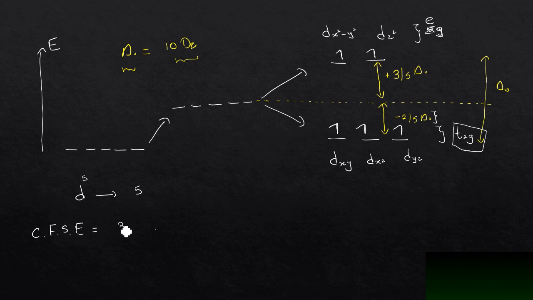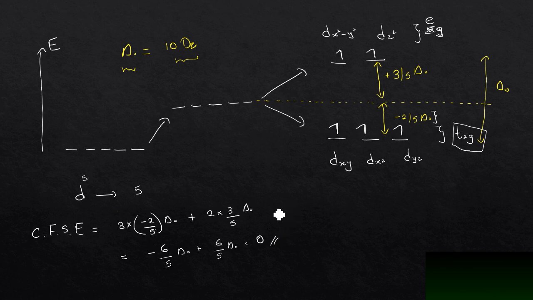There are 3 electrons, so 3 times minus 2 over 5 delta O, plus the eg level, with 2 electrons at 3 over 5 delta O. So minus 6 over 5 delta O plus 6 over 5 delta O equals 0. So the crystal field stabilization energy is going to be 0.